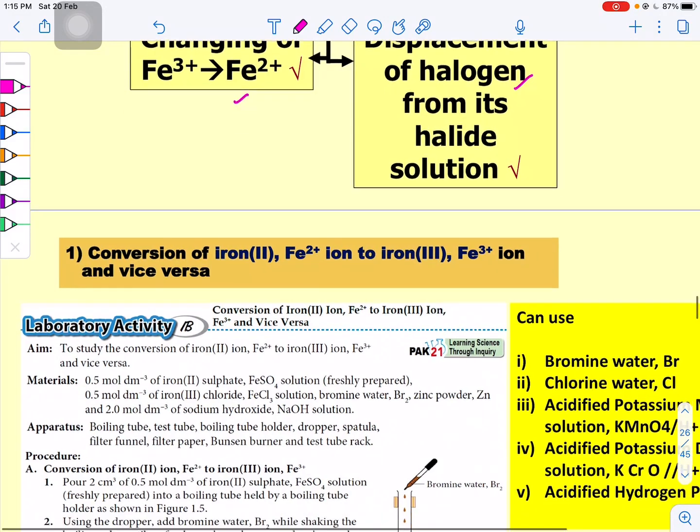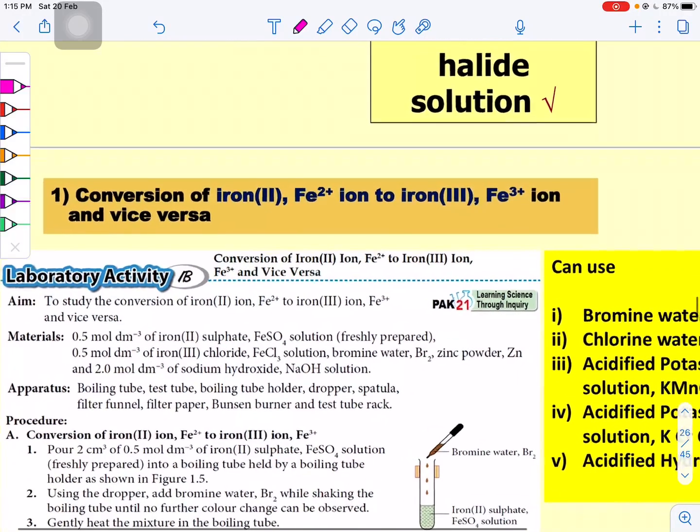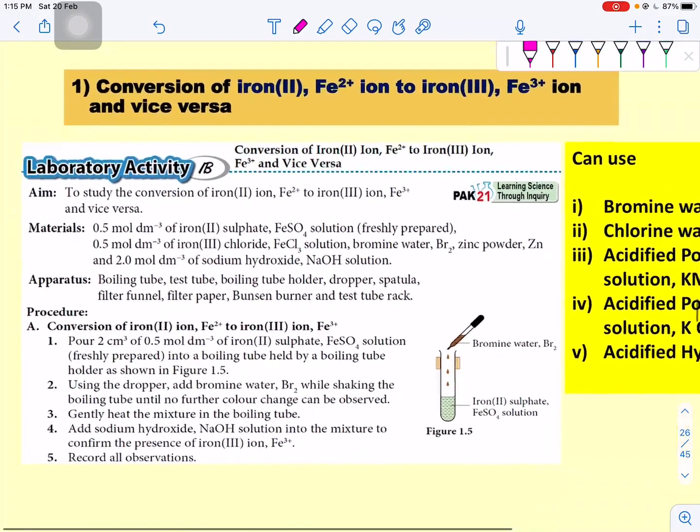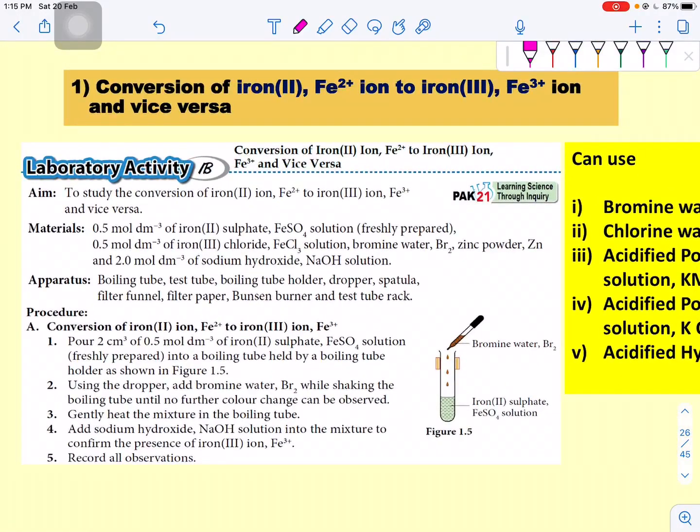So if you look at your textbook, we have laboratory activity 1B. You can read the procedure from the textbook. What I want to highlight here is we are going to use FeSO4. It contains iron 2 ion and it must be freshly prepared.